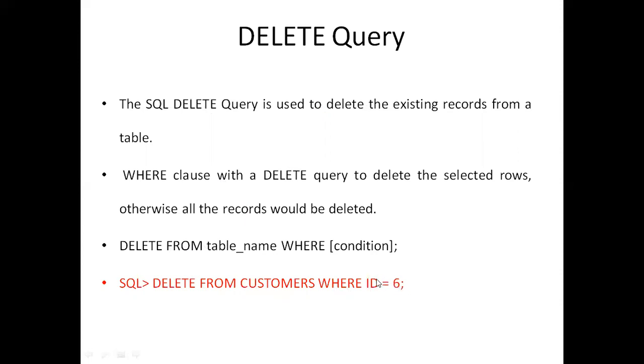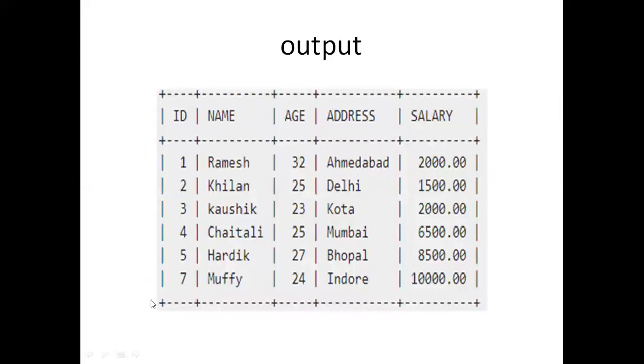That means I am trying to delete a row from the customers table whose ID is 6. Look here, sixth ID is not present. This is deleted.